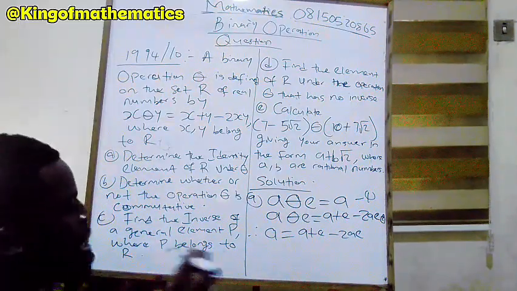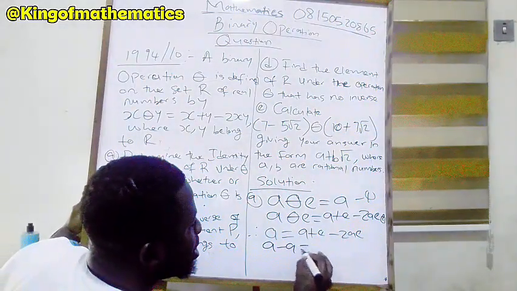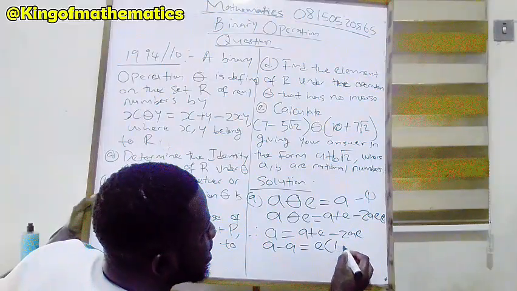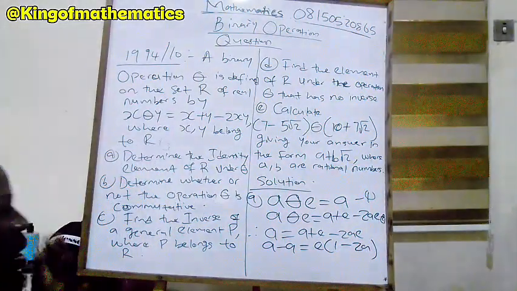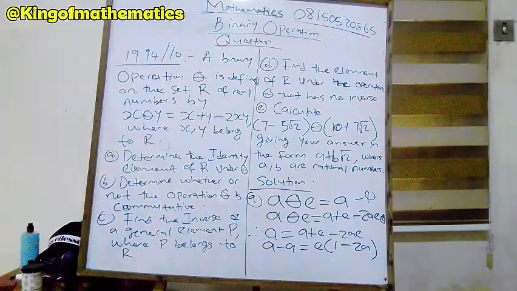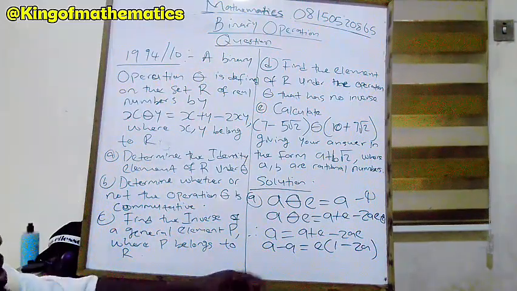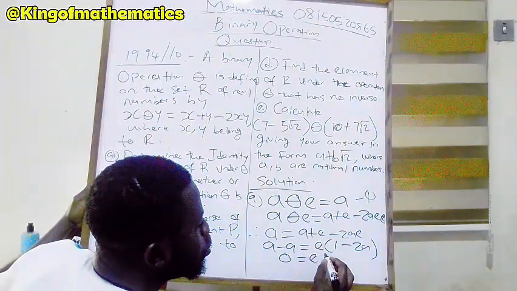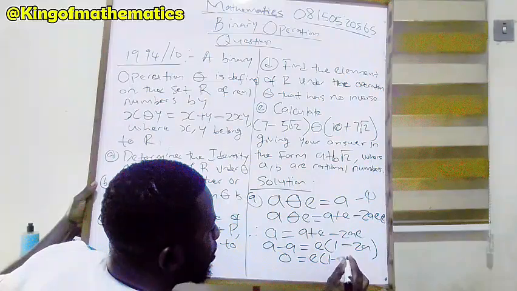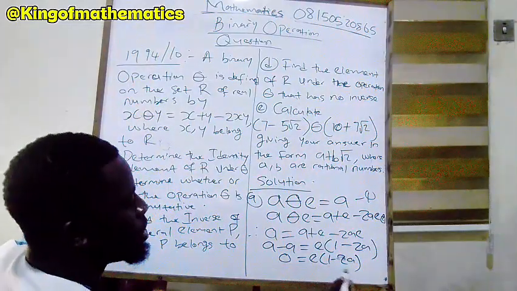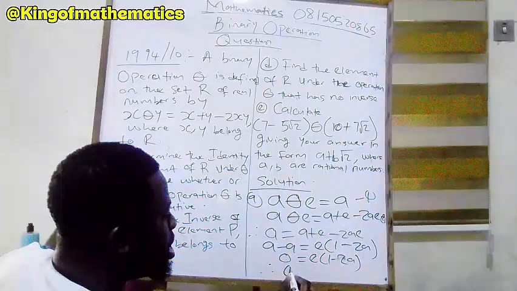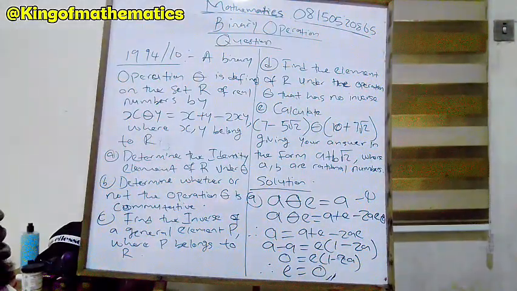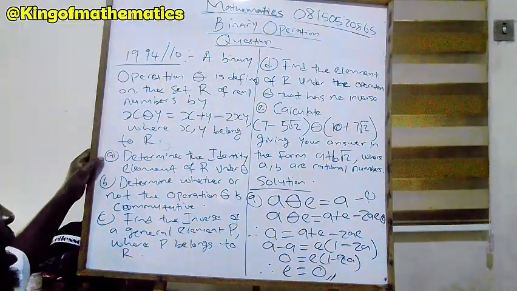A minus A is equal to, what's common? E into bracket 1 minus 2A. What's A minus A? A minus A gives you 0, so 0 is equal to E into bracket 1 minus 2A. By the time you divide both sides by 1 minus 2A, E gives you 0. So the identity element for this operation is 0. So that's question A.